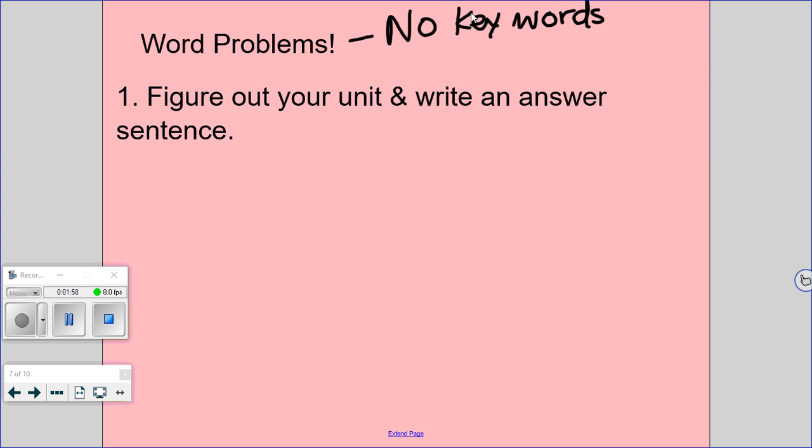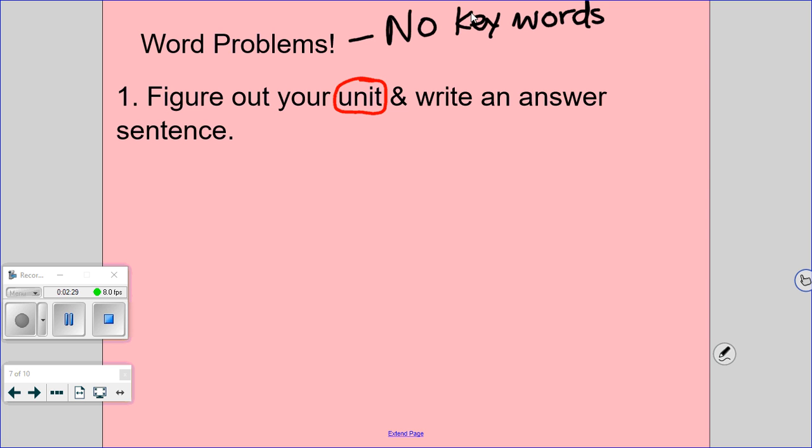This word unit. Does anybody know what I'm talking about when I say unit? Like addition is one type of unit of math, and subtraction.